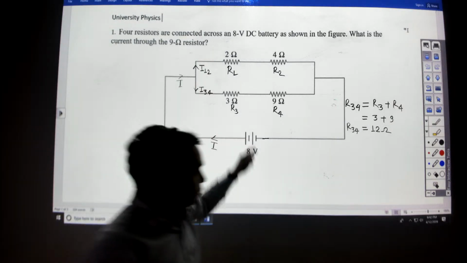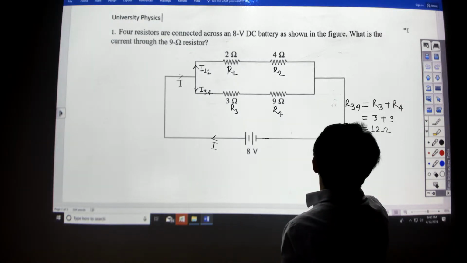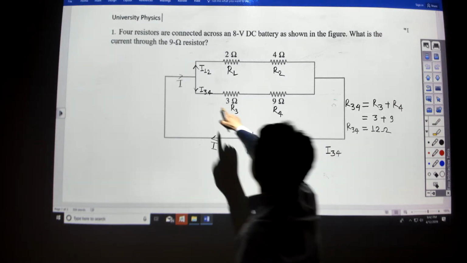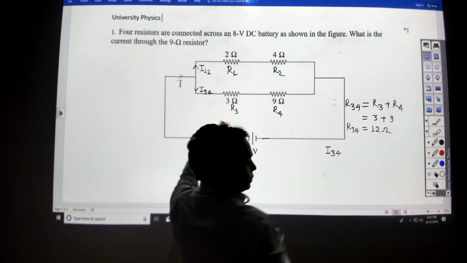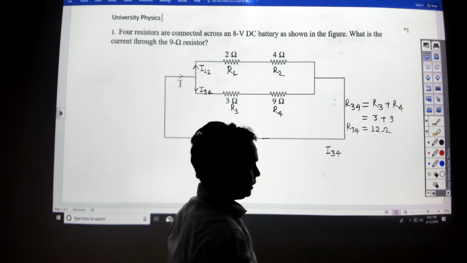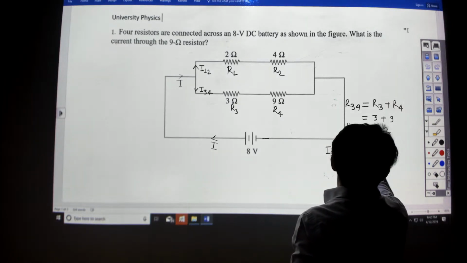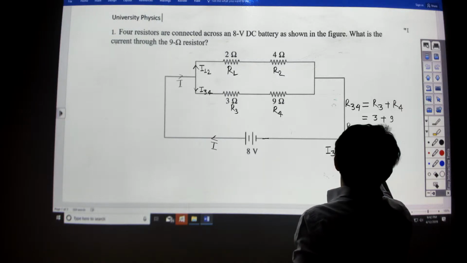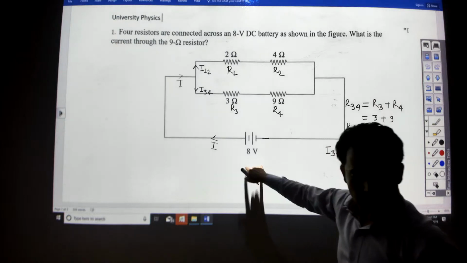So now, if I need to find the current through this one, I need to know the potential and I need to know the resistance. The potential is V and the resistance is R34. The potential across this one is exactly 8 volt.